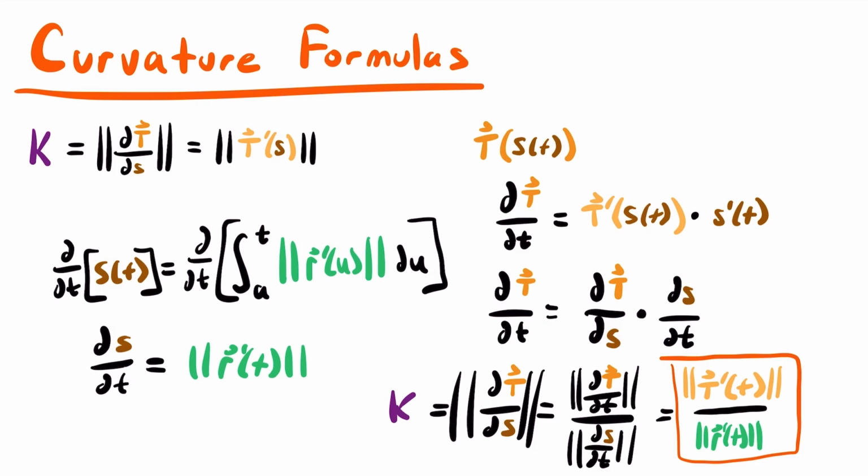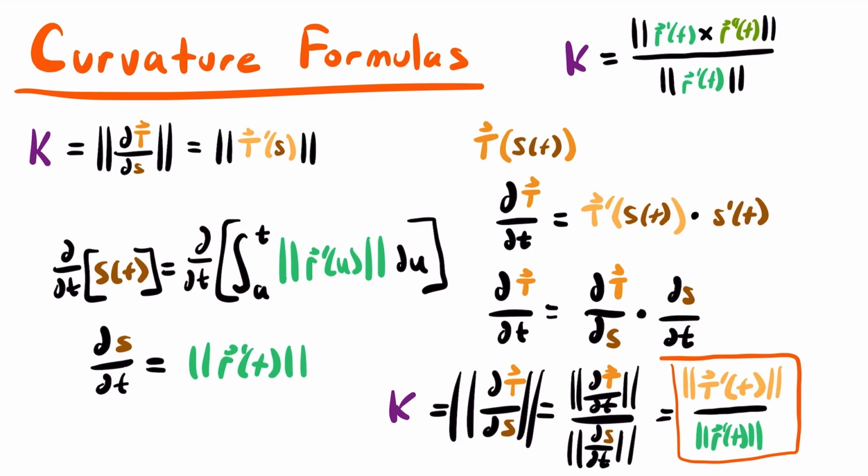It looks like this. The curvature kappa is equal to the magnitude of the cross product between the first and second derivatives of your vector function. So that looks like this. You'll have r prime of t cross r double prime of t, and then that's divided by the magnitude of r prime of t cubed.